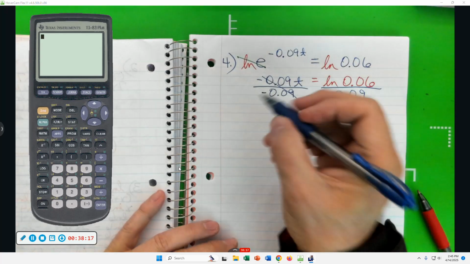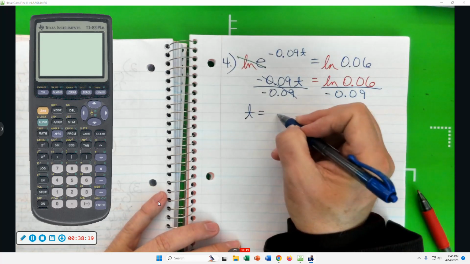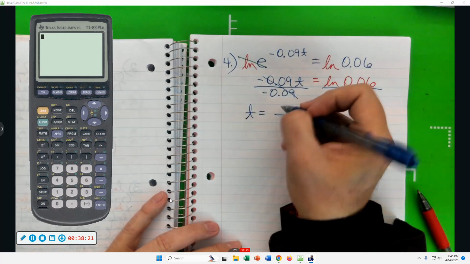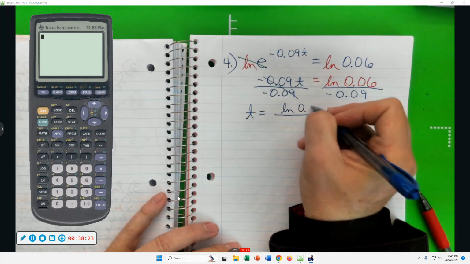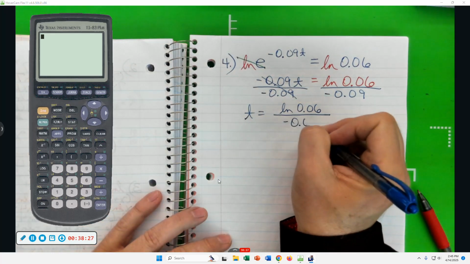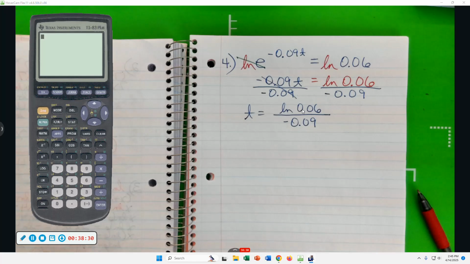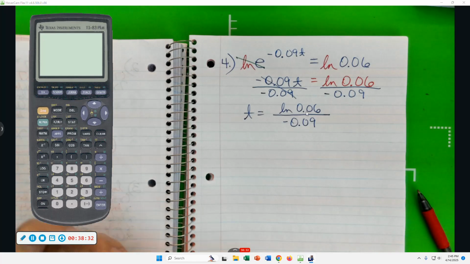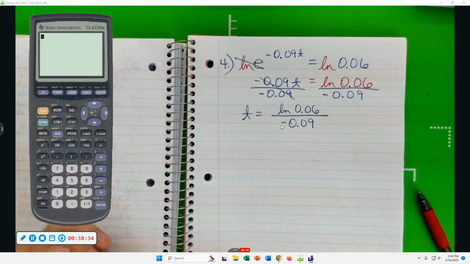So here's what we've got to punch into our calculator. It's a fraction. ln 0.06 on top and negative 0.09 on bottom.